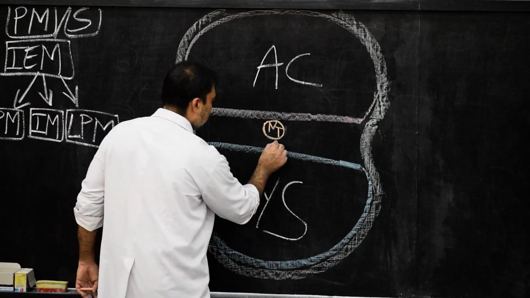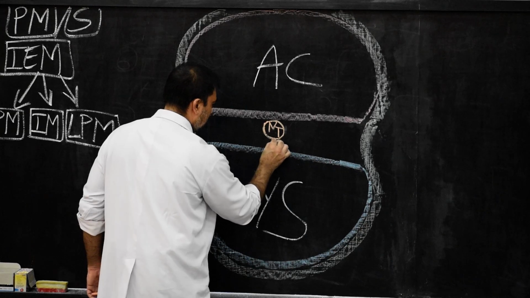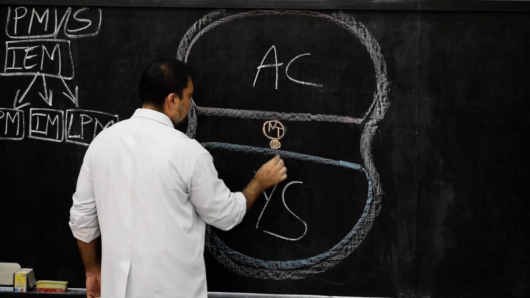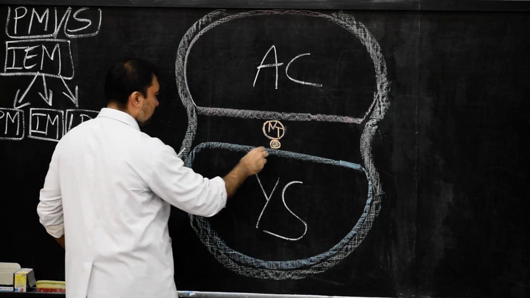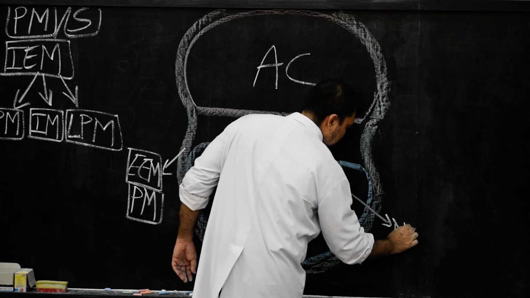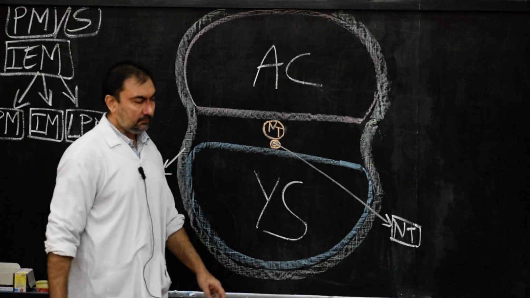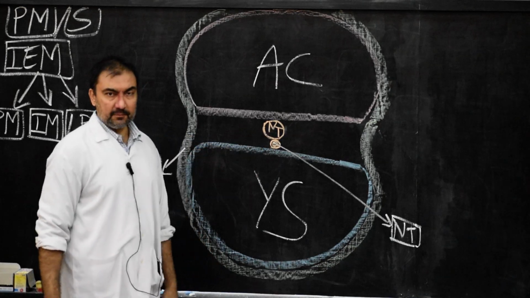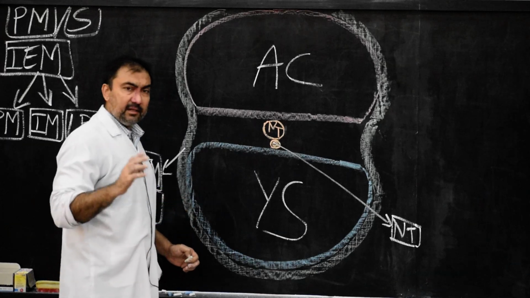Just below neural tube, we have also developed notochord, and we know this is notochord. So neural tube and notochord, we have understood the development. Let me first mark this as notochord. This will be known as notochord. Neural tube, notochord.